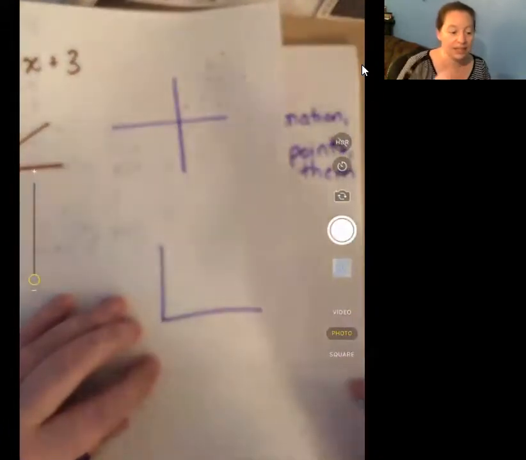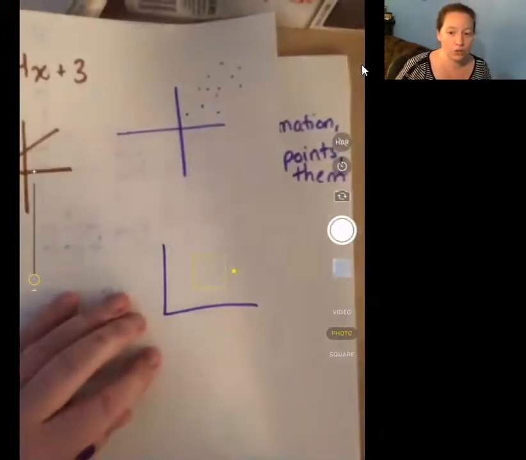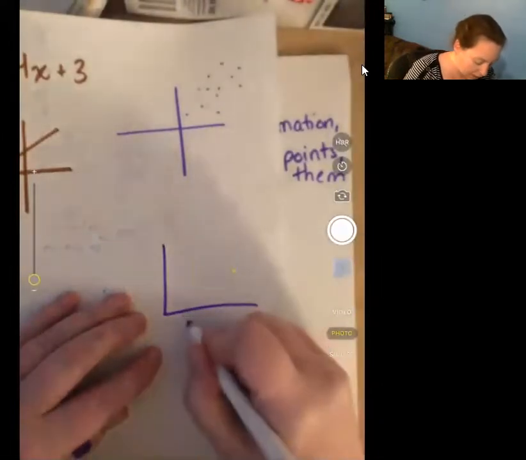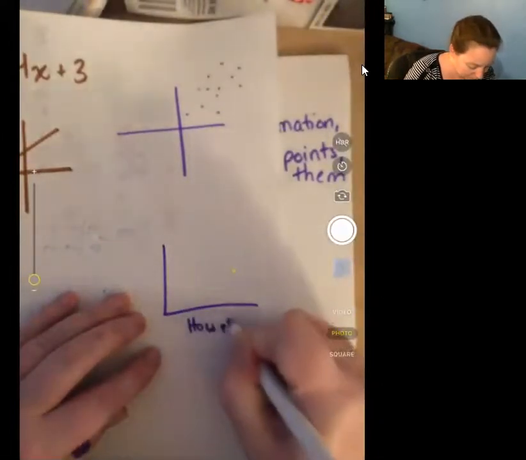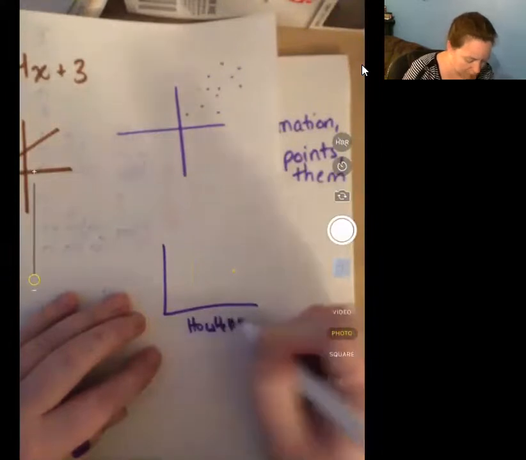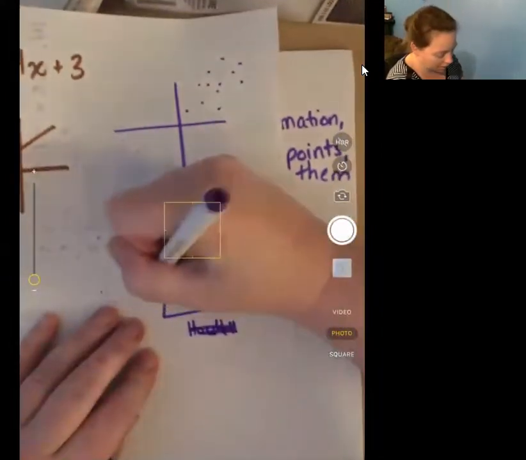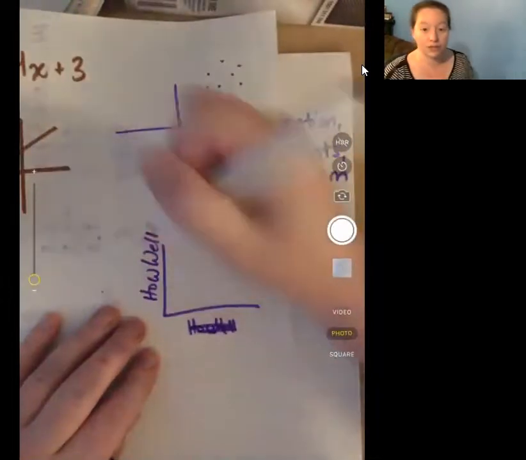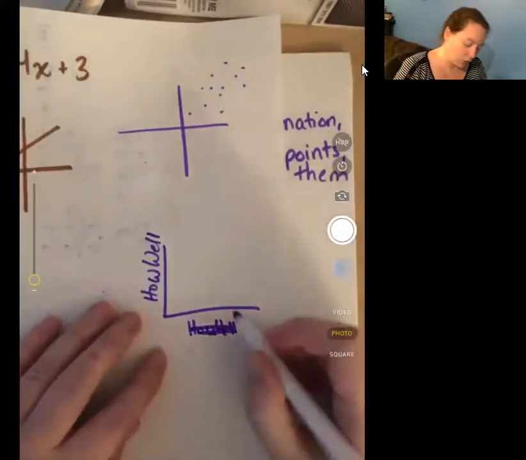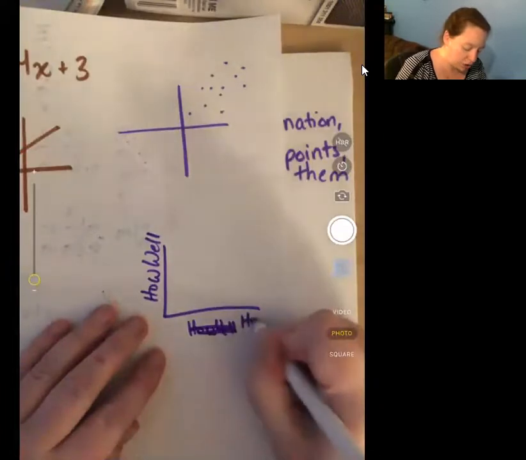So in that case, they would have a graph something like this. And over here would be how well. No, sorry. How well would probably be here. So how well they respond, and then over here would be how much they were given.